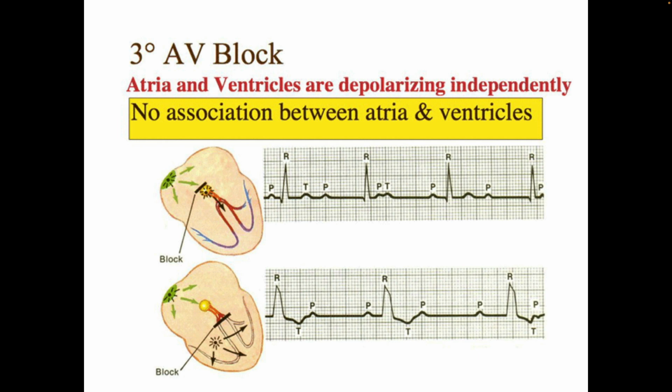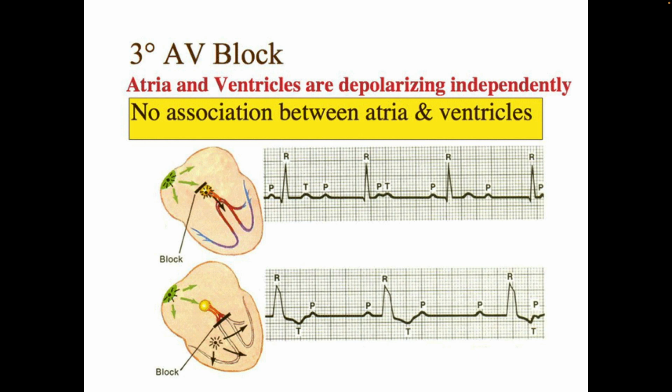But again, and this is what I drew over here. If here's the AV node, if the block is at the top of the AV node, then the AV node itself is below the level of the block. And that means the AV node is available to provide the escape rhythm. The pacemaker could be found within the AV node itself.